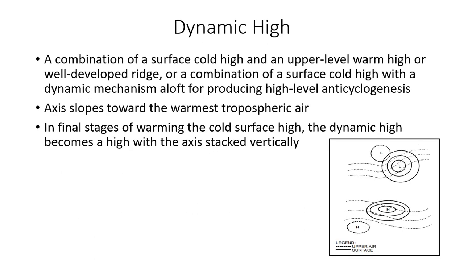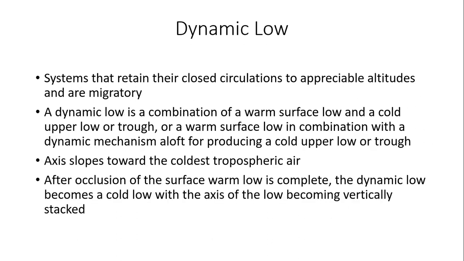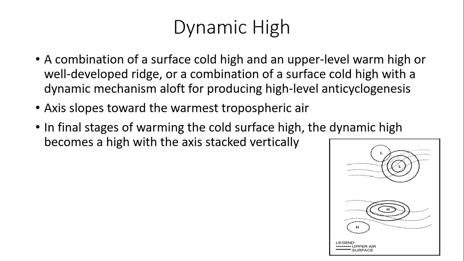A dynamic high, on the other hand, is a combination of a surface cold high and an upper level warm high or a well-developed ridge, or a combination of a surface cold high with a dynamic mechanism aloft for producing high-level anticyclogenesis. When I talk about dynamic lows and highs, I want you to think about the high and low pressure systems that move across the United States, those associated with the jet stream.